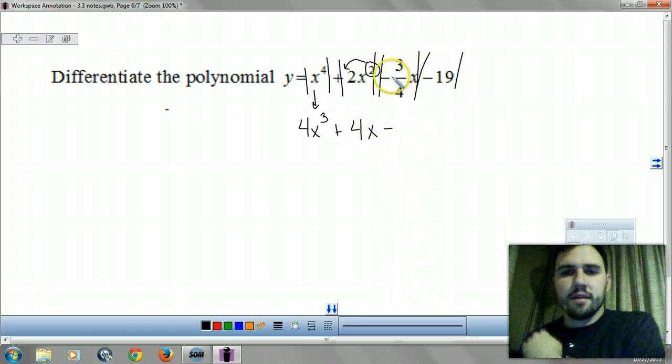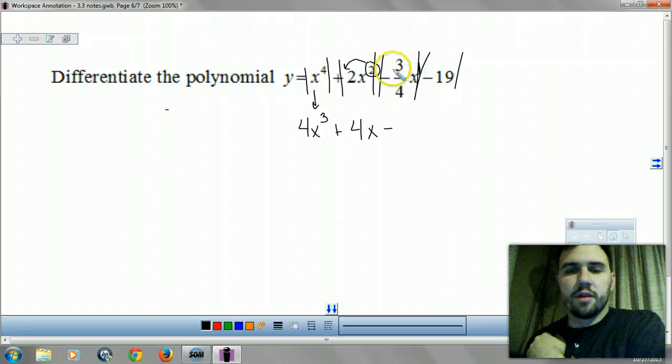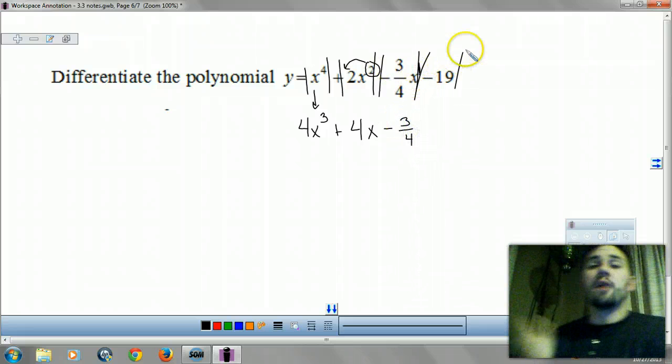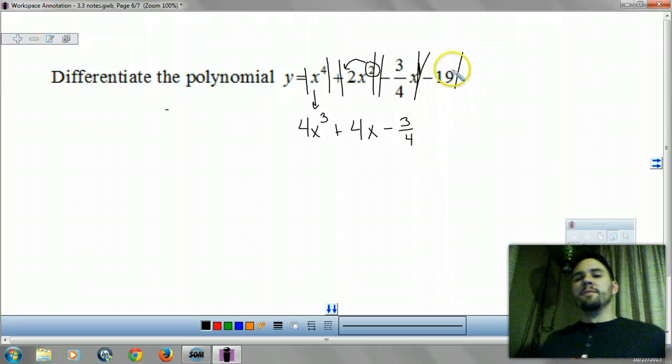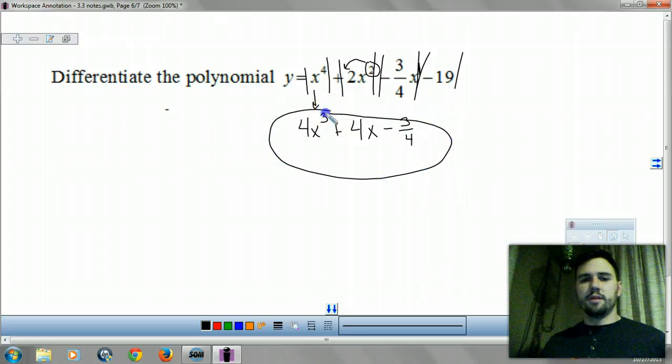Minus, you have a 1, bring the 1 in front, so that doesn't change, still negative 3/4. Now 1 minus 1 is 0, that x is going to go away. Derivative of negative 19 is 0. So there it is. The easy way to do derivatives.